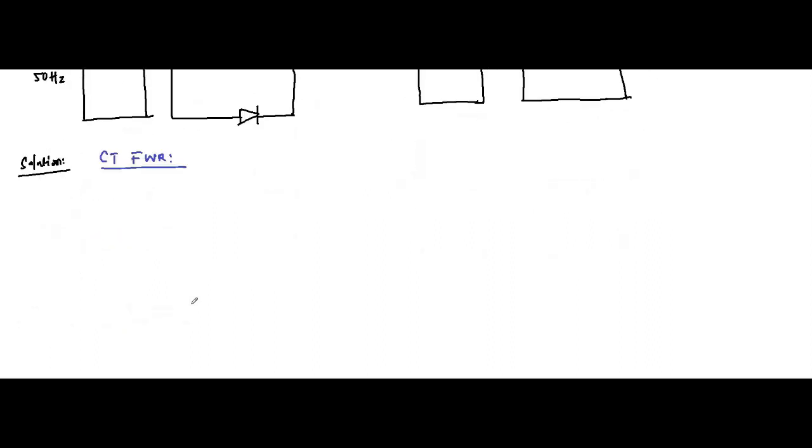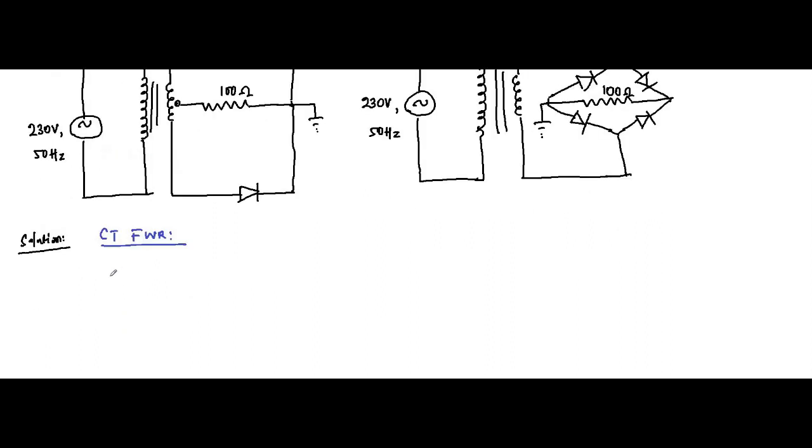The turns ratio is NP by NS, which is 5/1. It is related with the primary winding voltage and the secondary winding voltage. Same goes for the RMS and maximum values also.